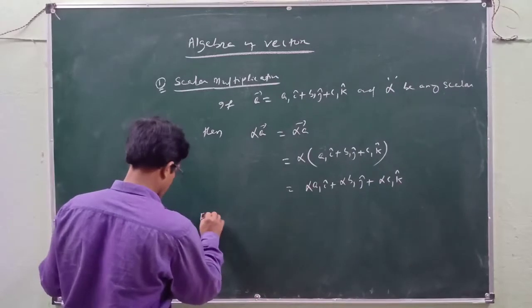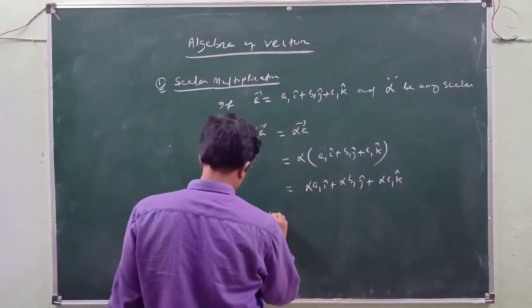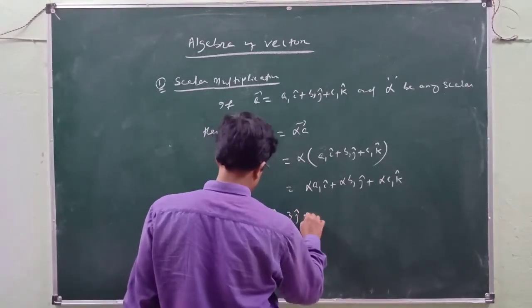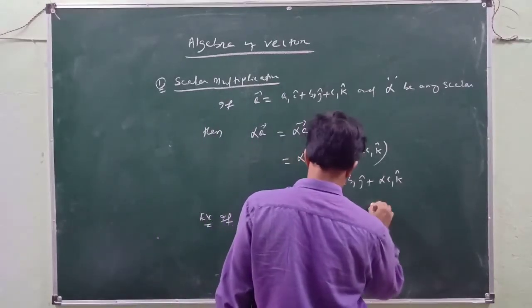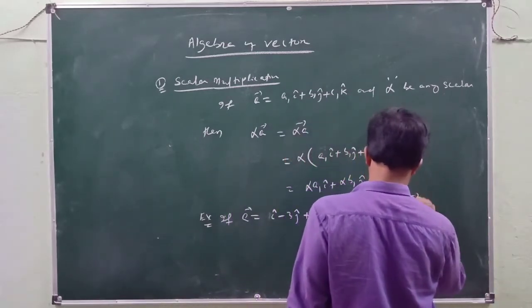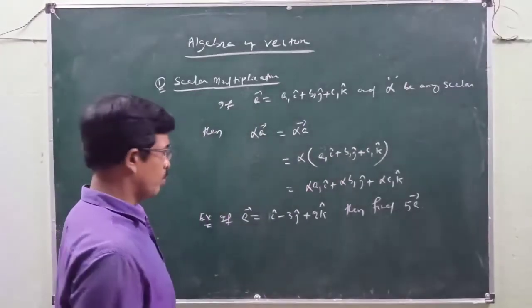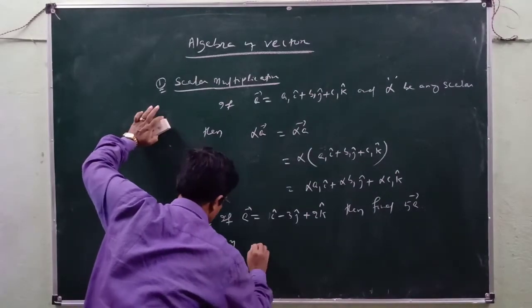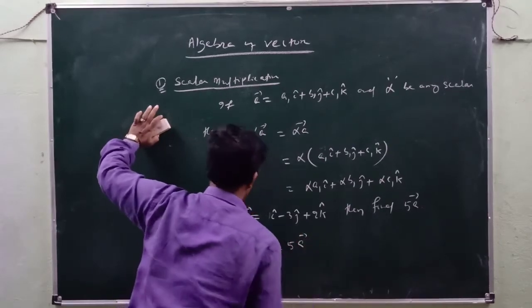Numerically, if a equals i cap minus 3 j cap plus 2 k cap, then find 5a vector. In your solution, 5a vector will be 5 into a vector.